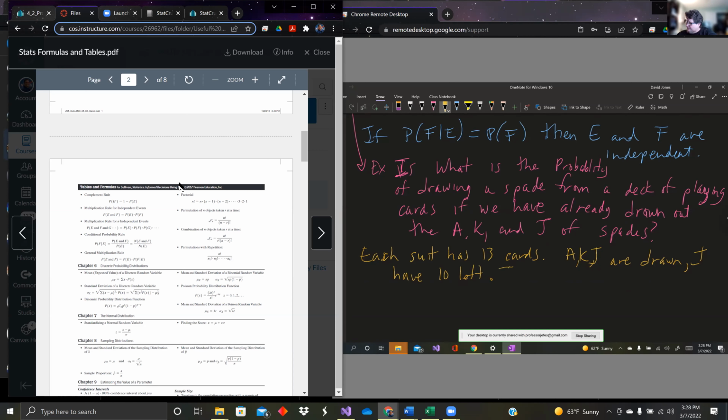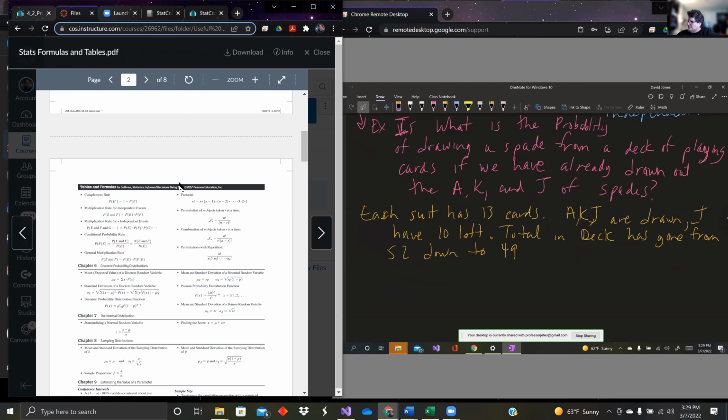And the total in the deck has gone from 52 down to 49. Then my probability of getting a spade, given that the ace, king, and jack have been drawn, that's my spade symbol, is I've got 10 and I've got 49, 10 over 49. And I didn't use the formula, I just reasoned out what was left.